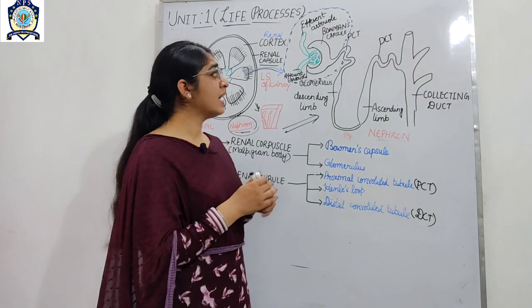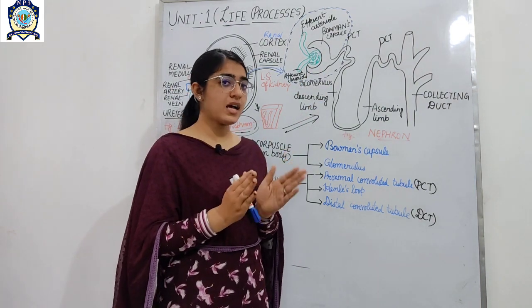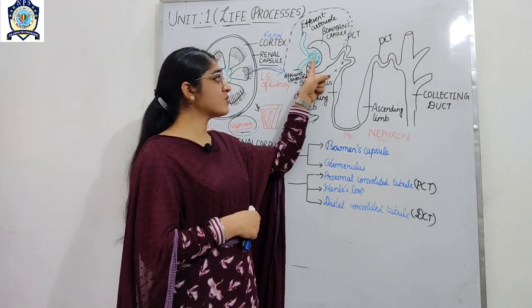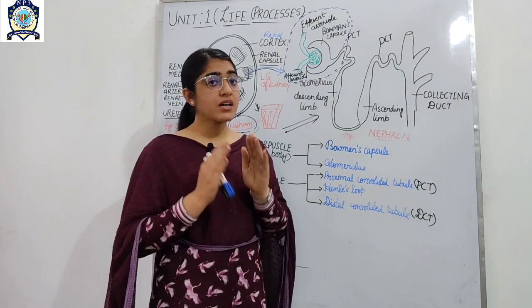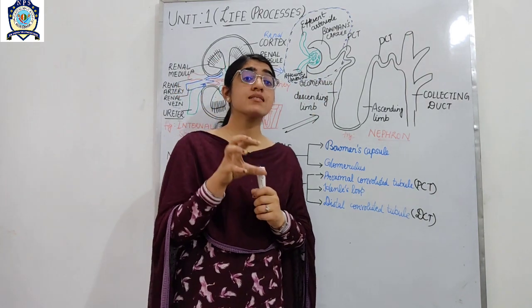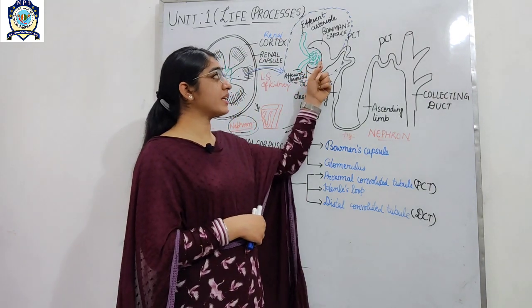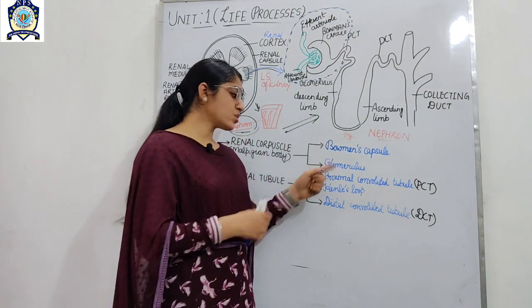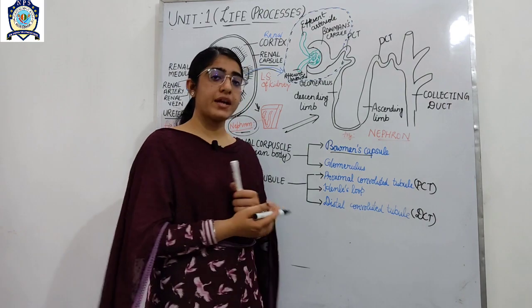Is that clear? Into the Bowman capsule, again I am repeating, there is a tuft of capillaries. Tuft means a bunch, or a group of capillaries, and that group of capillaries is called the glomerulus. So this was all about the first component, the Bowman capsule.